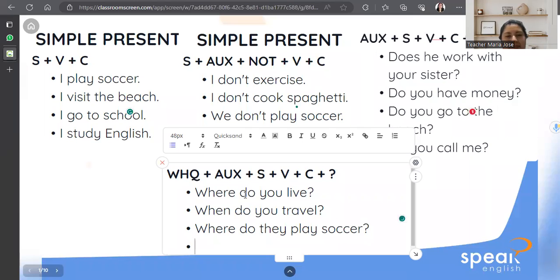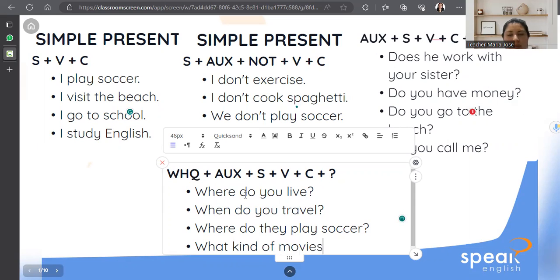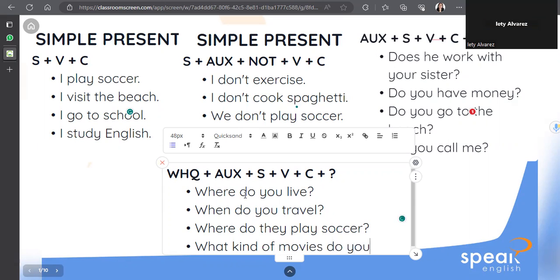And Letty. What kind of movie do you like? Movie or movies? Movies. Okay. Do you like? Nice.